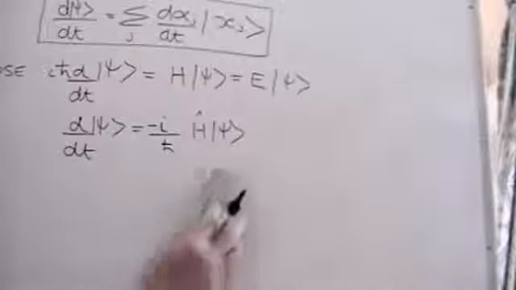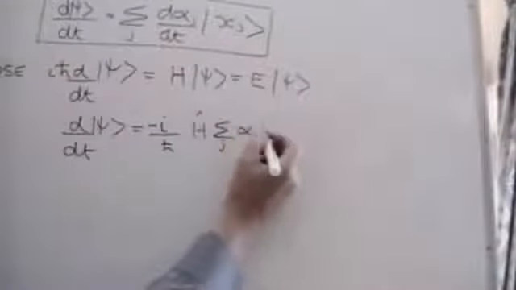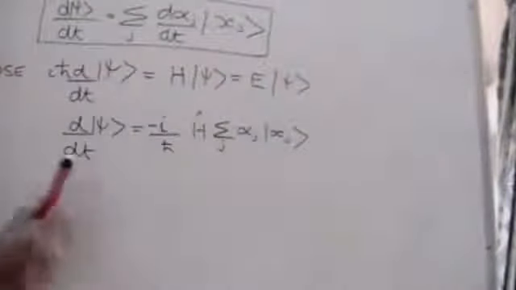But of course psi can be written in the way that we have written it many times before: sigma j, alpha j, xj, the superposition of states. Now I want you to compare this equation with this equation here. You'll notice that on the left we have a d psi by dt in both cases.